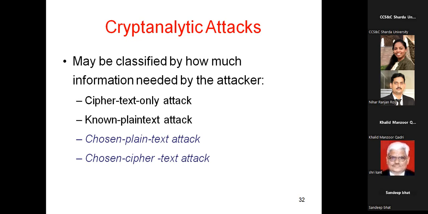If so, that comes under known plain text attack. Third, chosen plain text attack. It means you have selected some plain text, and for that plain text you also have the corresponding ciphertext. Again, by understanding these two, could you get the plain text? Chosen ciphertext attack, the same philosophy. So let us see one by one.